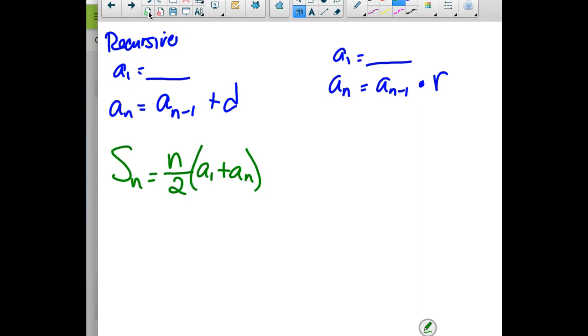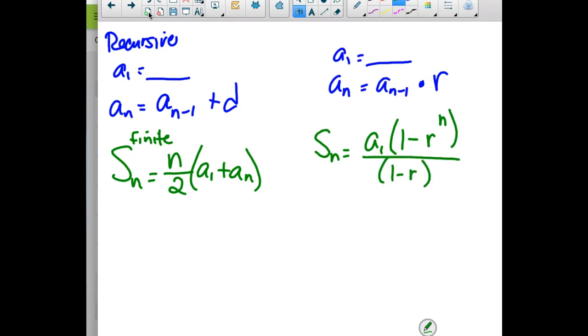Now that is for finite, right? If it's an infinite one, we can't do it. For geometric, for finite sequences, we take our first term times 1 minus r to the nth power divided by 1 minus r.